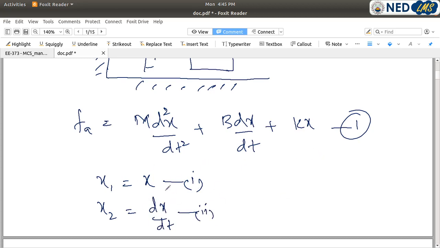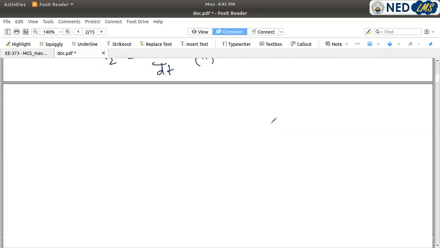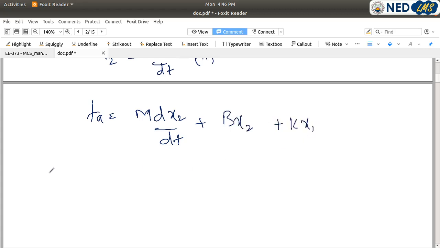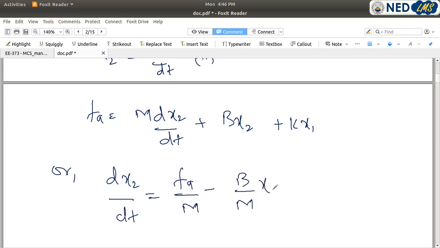Putting these assumptions in this equation, the first state equation will be Fa is equal to m dx2 by dt plus b x2 plus k x1, or I'm directly writing it, dx2 by dt is equal to Fa over m minus b over m x2 minus k over m x1.